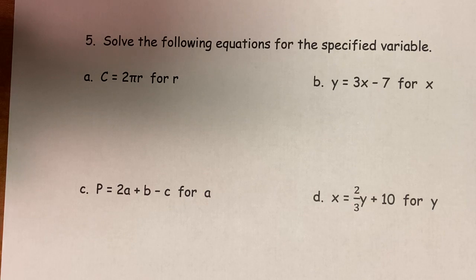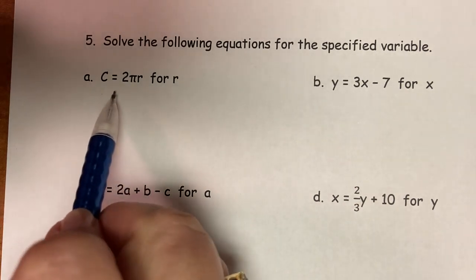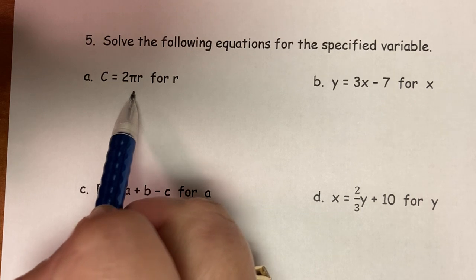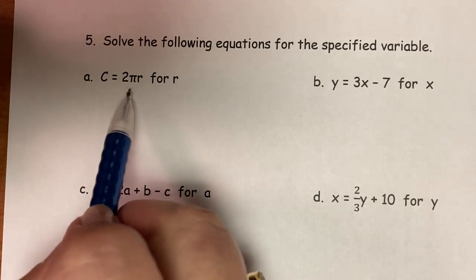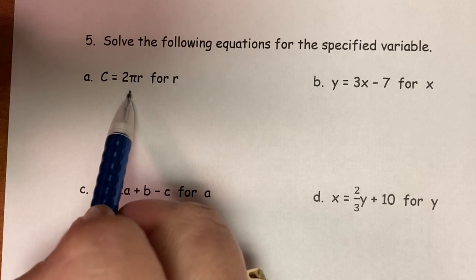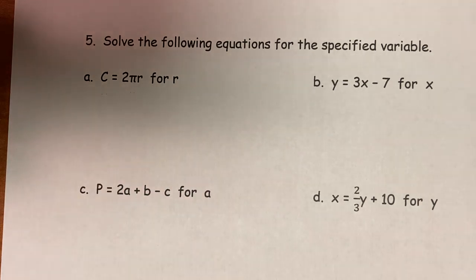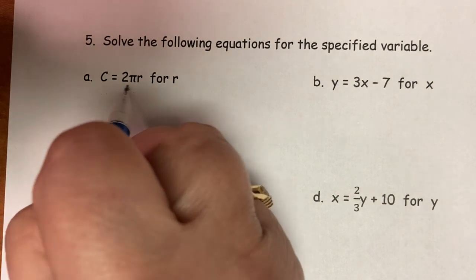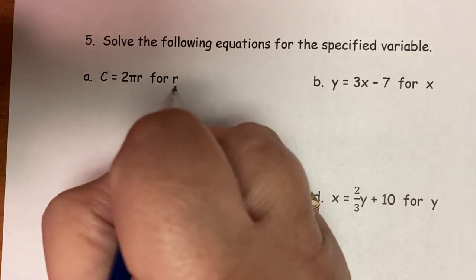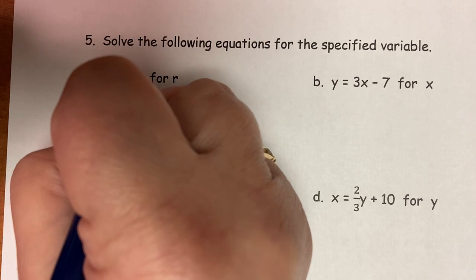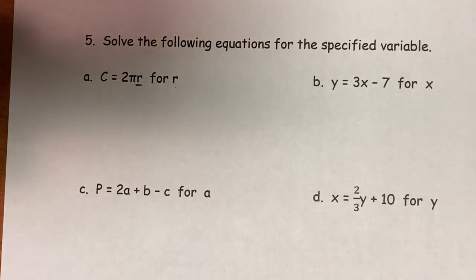We're going to use all of those steps that I typed out for you to solve equations when we're doing this. So for example, C equals 2 pi r. If you don't know, that happens to be the formula for circumference of a circle, which is kind of irrelevant at this point. It doesn't matter that you know what that is. The key is it says that we want to take this equation and we want to solve it for r. In other words, we want to get r alone on one side.